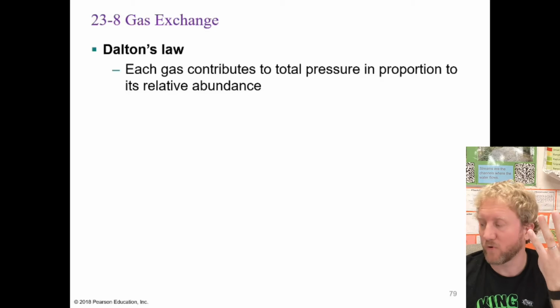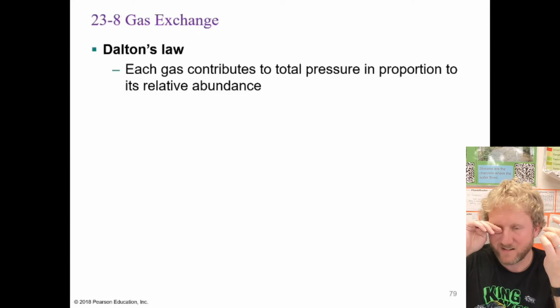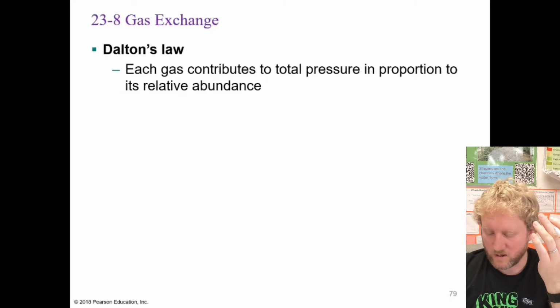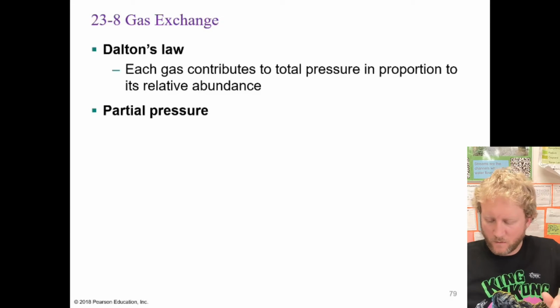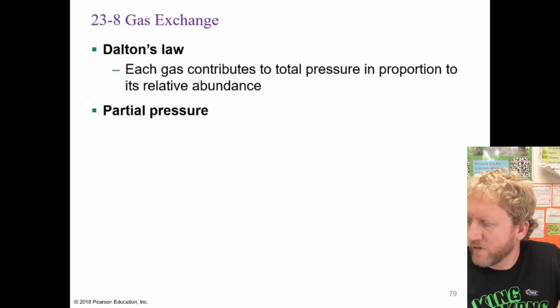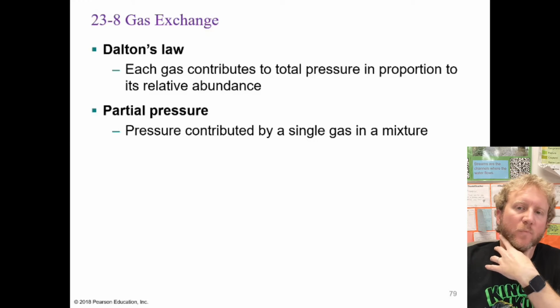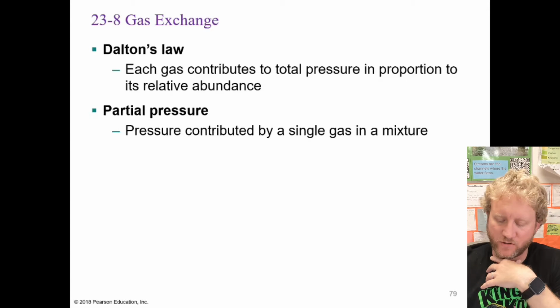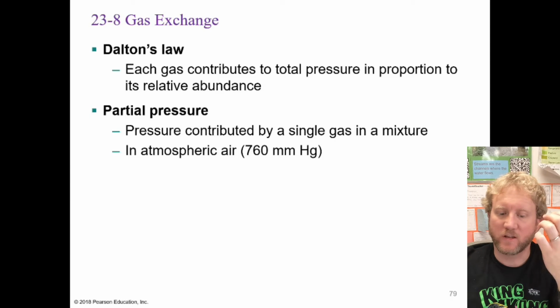Now it's primarily three gases, but there's a lot of gases in there, okay? So within this mixture of gases, we have our partial pressures. And this is the pressure that's exerted by each gas within the mixture.